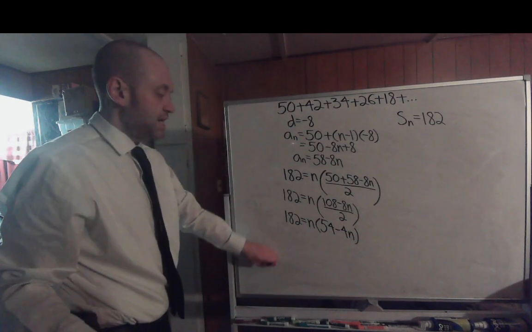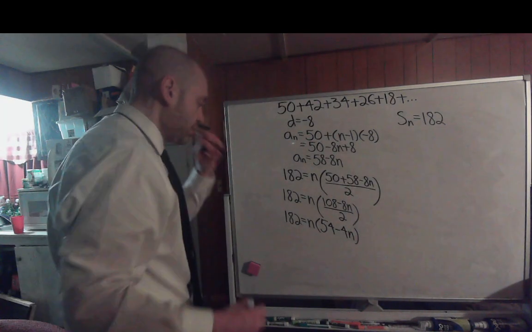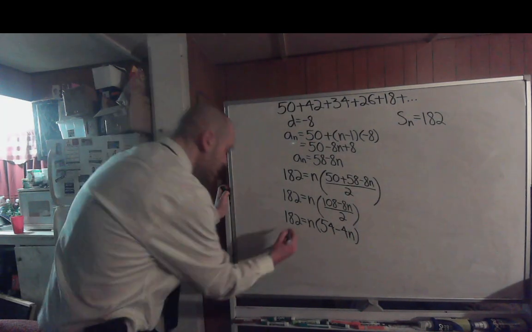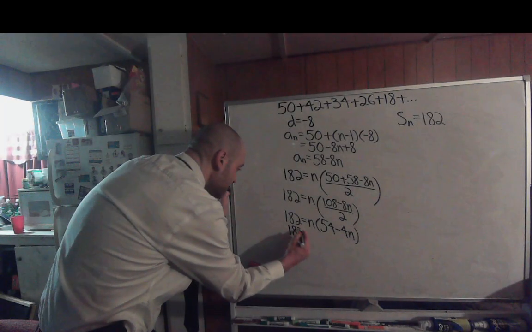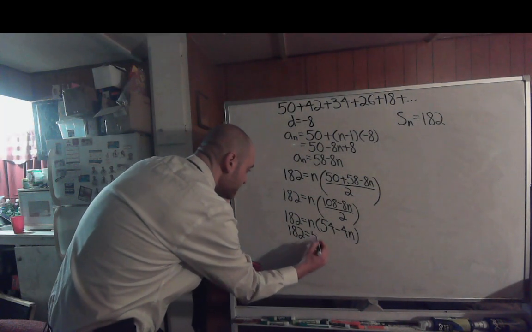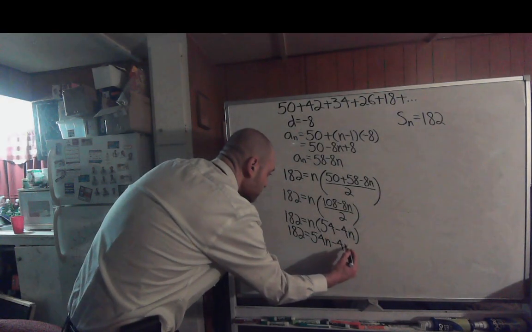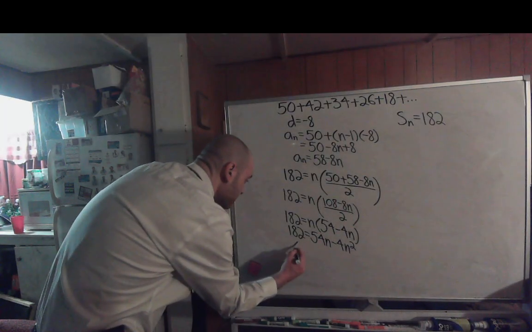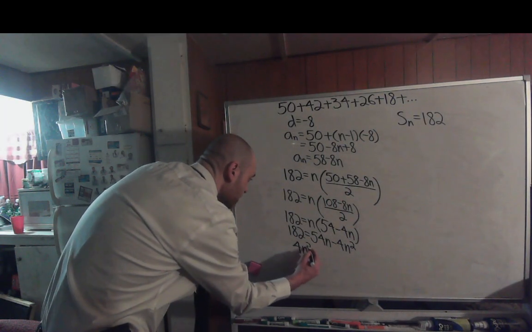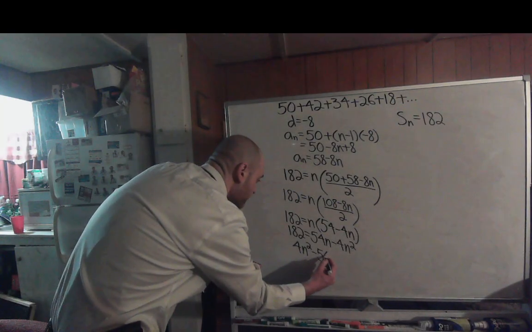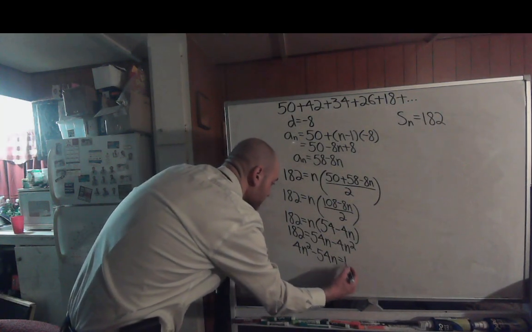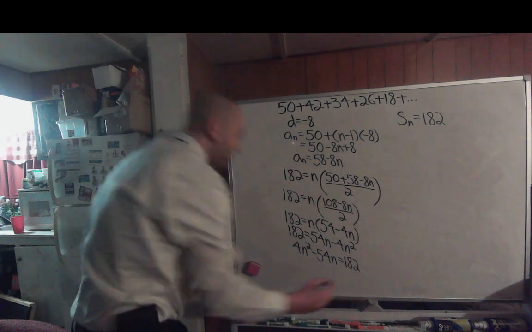So 182 equals n times 54 minus 4n. So 182 equals 54n minus 4n squared. So 4n squared minus 54n equals 182.